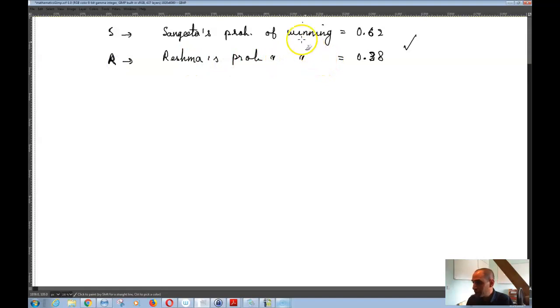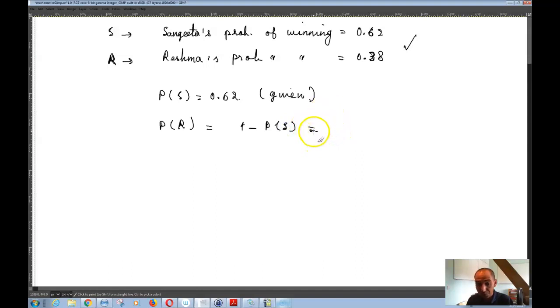So the probability of Sangeeta's winning is P of S, which is equal to 0.62, and which is basically given. And so the probability of Reshma's winning, which is P of R, is equal to 1 minus P of S, as the events R and S are complementary.